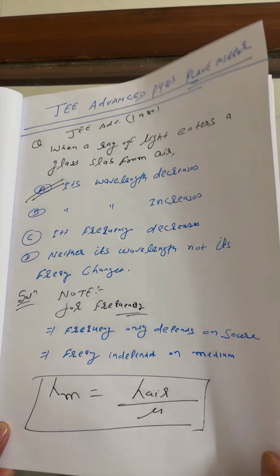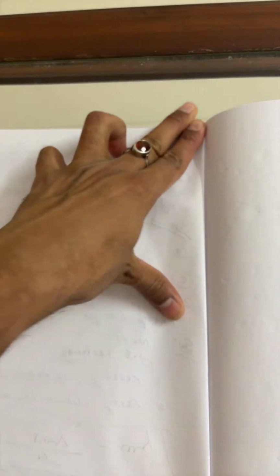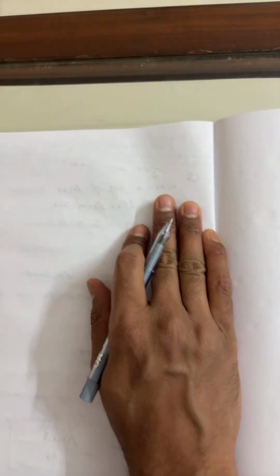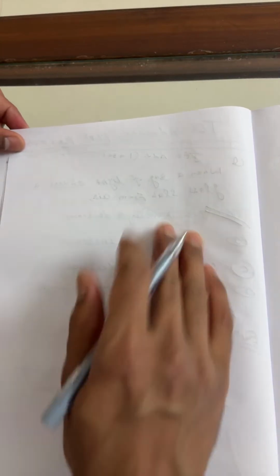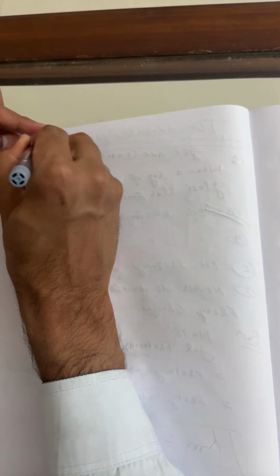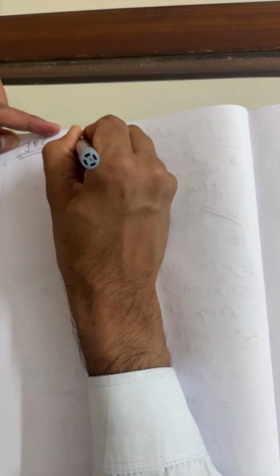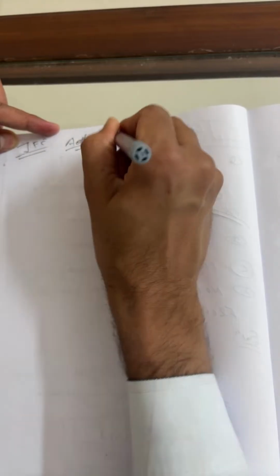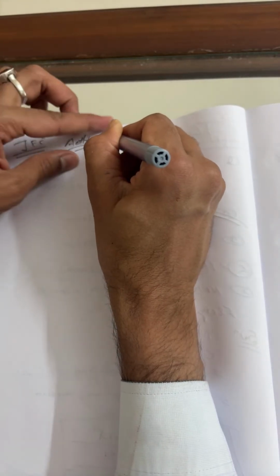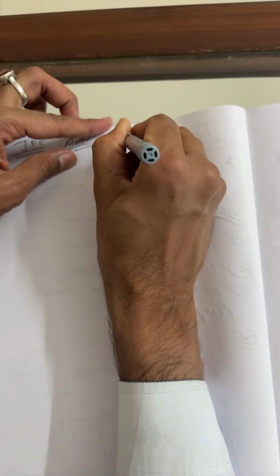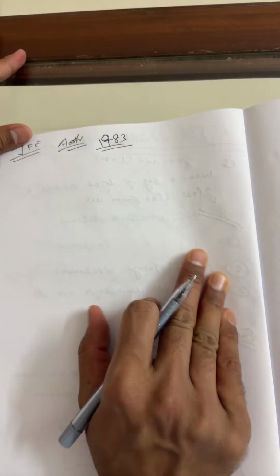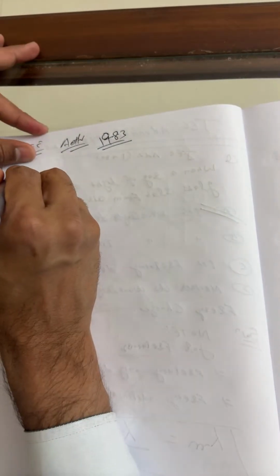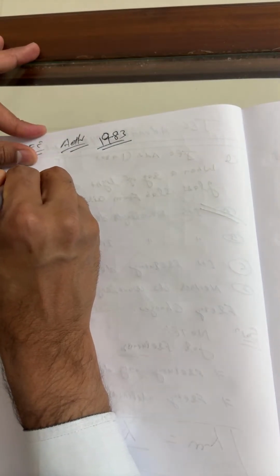Okay, have a look at the next question. This is JEE Advanced 1983. I'll do all the questions in increasing order. What does the question say?